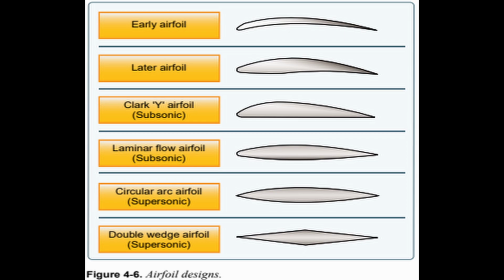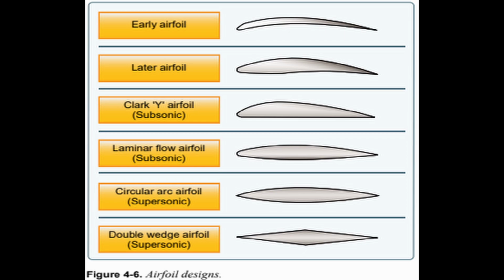The second one you can see is very similar to the first one, but it's modified to make it a little bit more effective at faster flying. It's not as scooped out, but it still has a little bit of scoop. And then the third one you'll see is one that's quite often used on training aircraft in general aviation airplanes. It's got a nice balance of speed, lift, and stability.